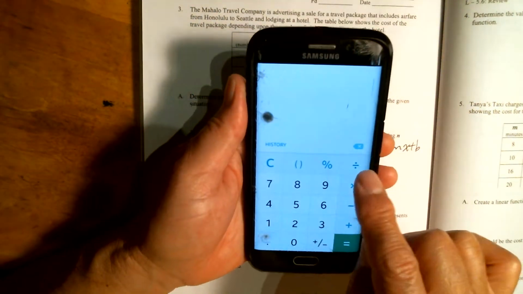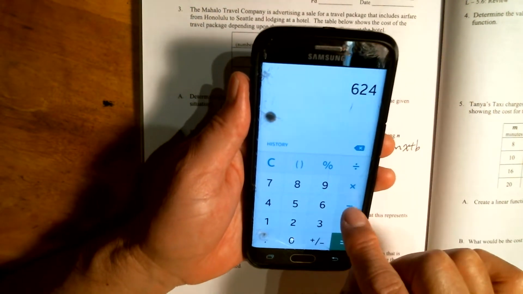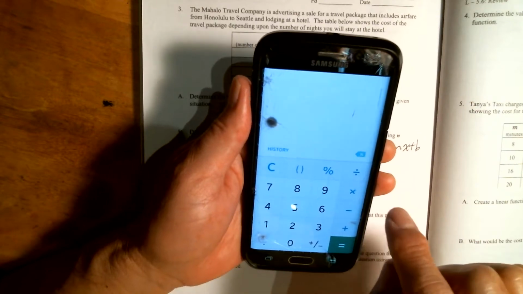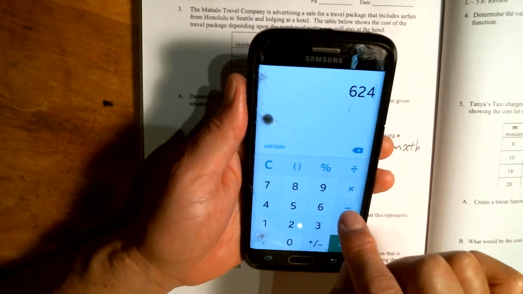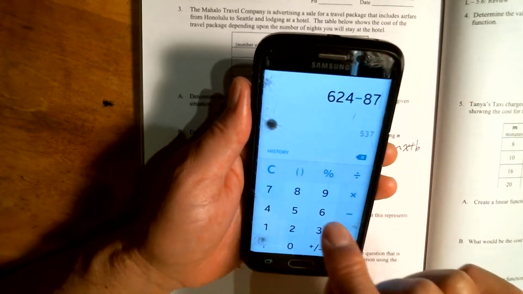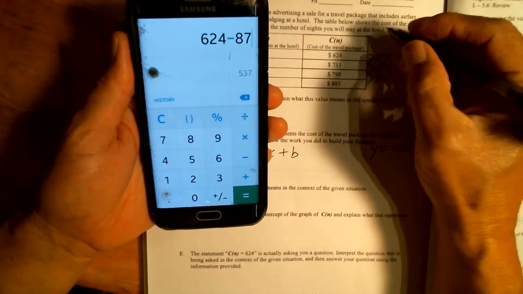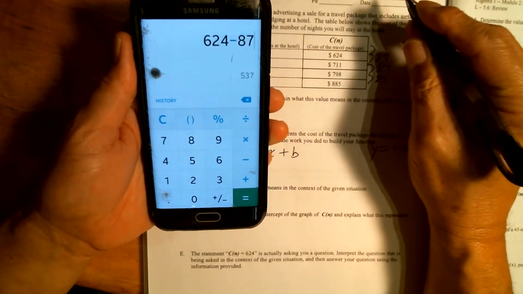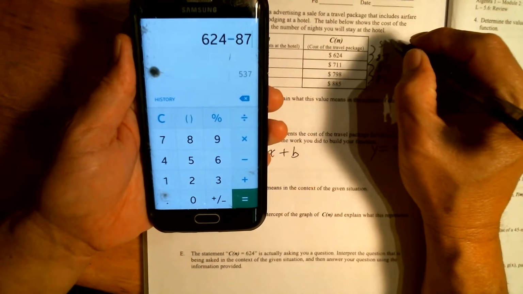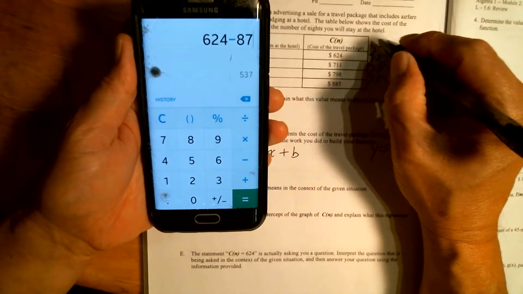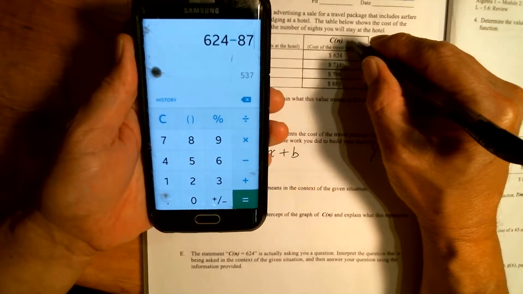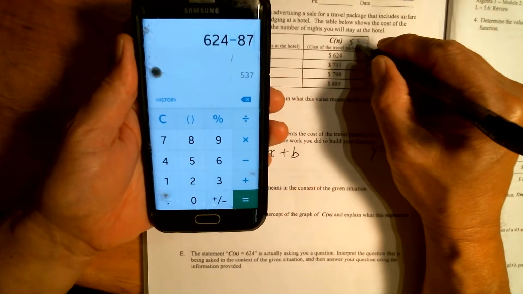Can you guys see that? Okay. Oh, try that again. Then the next iteration lower would be 537.